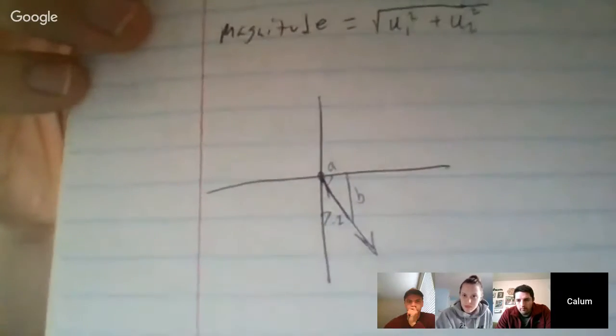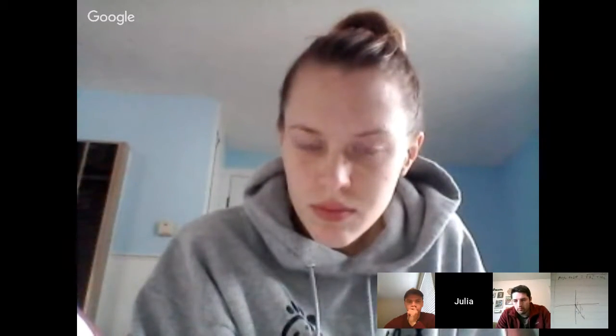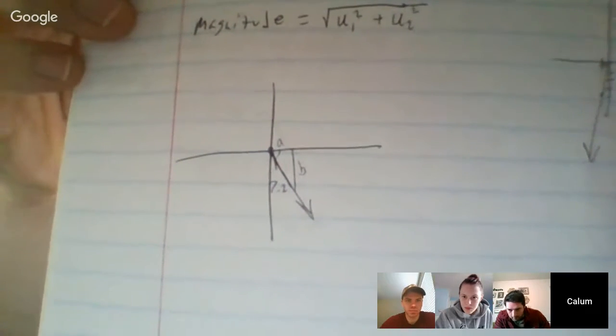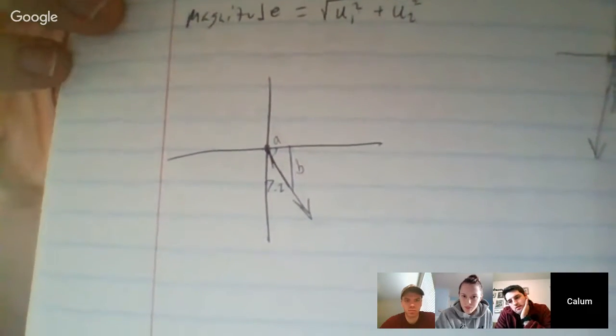And I plotted the line A and the line B. So I'm getting this here. See that? Yeah, that looks right to me. Okay.